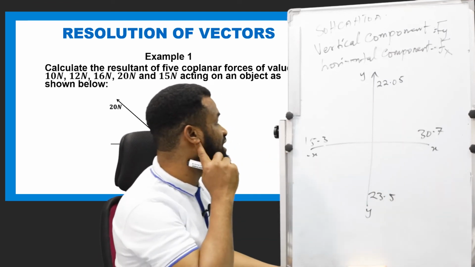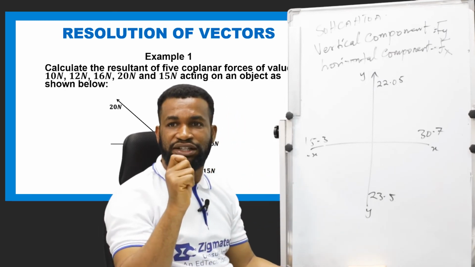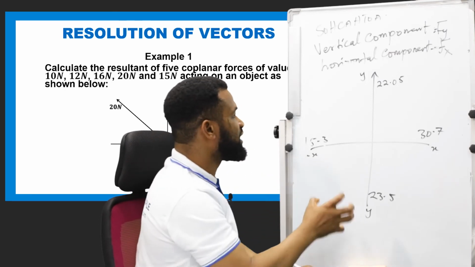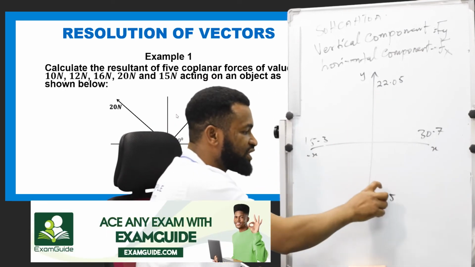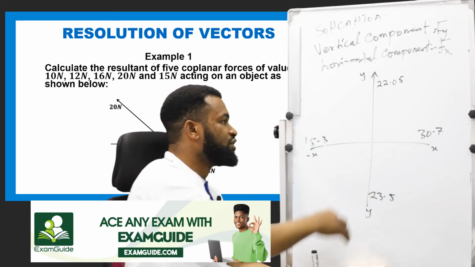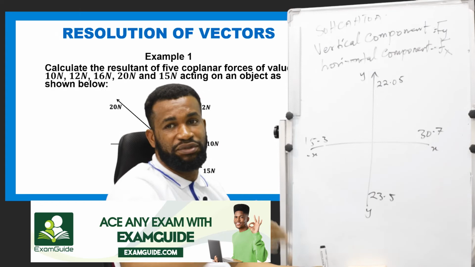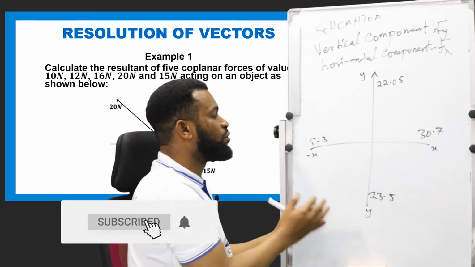Now, if you consider this very well, you realize that for me to be able to find the resultant, we know that this force and this force, which one is bigger? 23 is bigger. Therefore, the movement of the body is going to go in the direction of the bigger force. So what do I do?